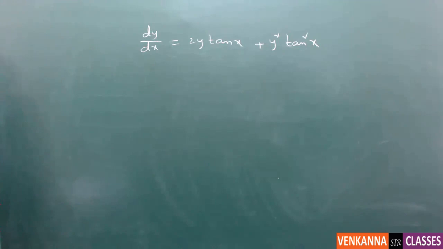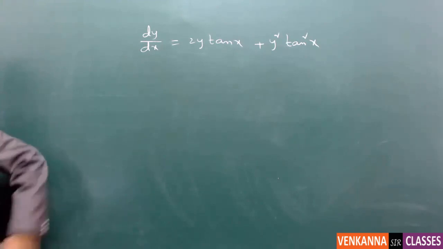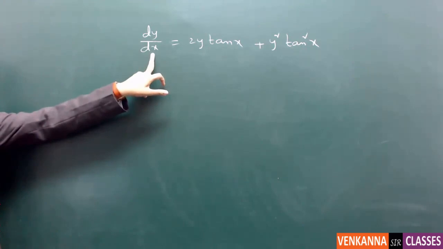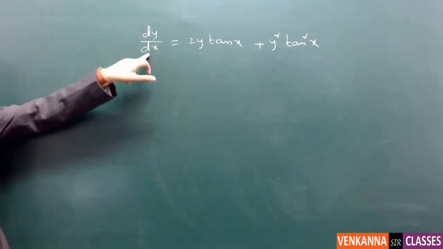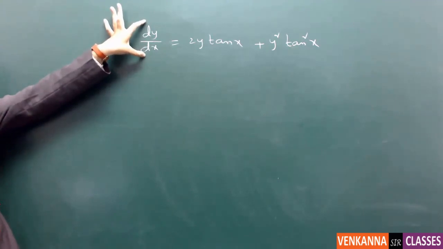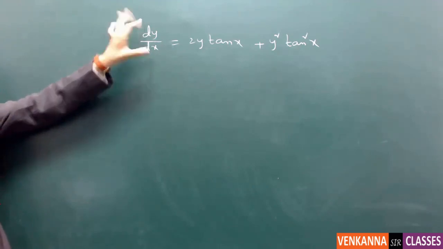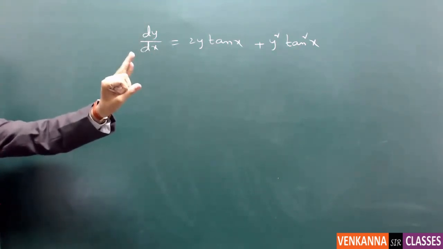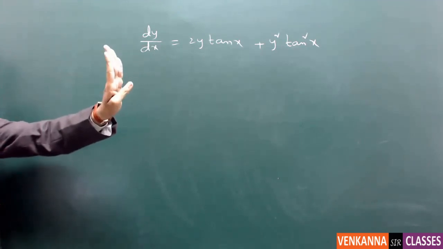To identify whether it is Bernoulli or not, the criterion here is, see, it contains only one derivative, dy by dx. Its power is also 1, so it is first order, first degree. So for the given equation, the only possibilities are exact, integrating factor, linear, or Bernoulli.